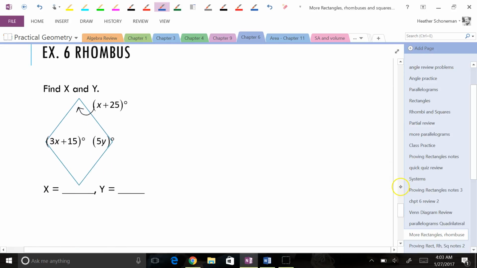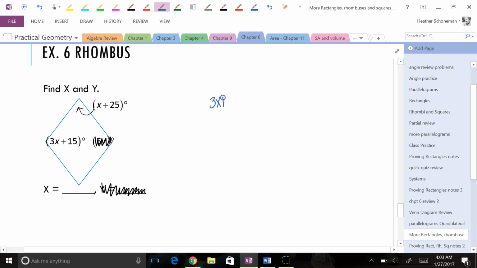Next problem, rhombus. Okay? I want you to ignore the Y for right now. We don't need to do it, so just cross the Y part out. Okay. A rhombus is a parallelogram. In a parallelogram, the angles can be opposite and equal, or share a side and add to 180. Excuse me, I said that wrong. These two angles share a side and add to 180.